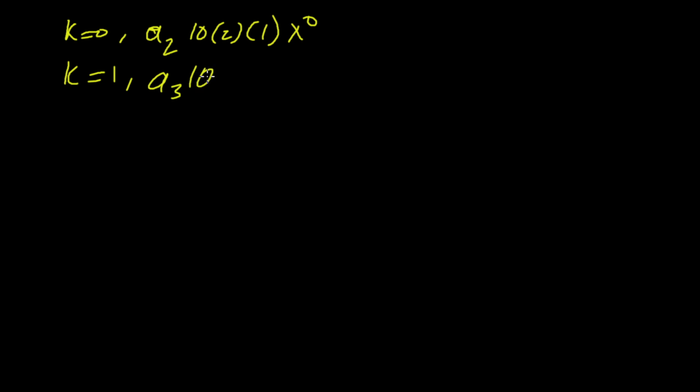So if k equals 0, and now replace, then you will have a sub k plus 2, that'll be a sub 2 times 10 times 2 times 1 times x power 0. Then a sub 3 times 10 times 3 times 2 times x.